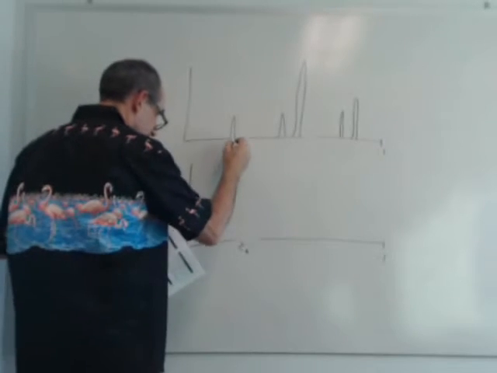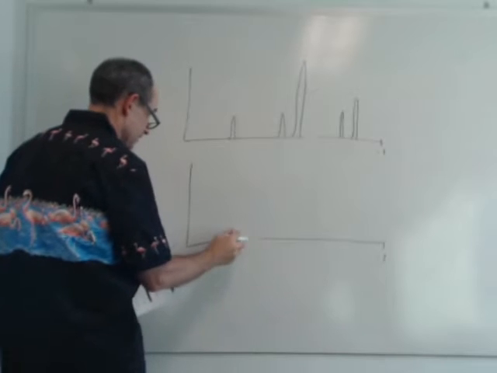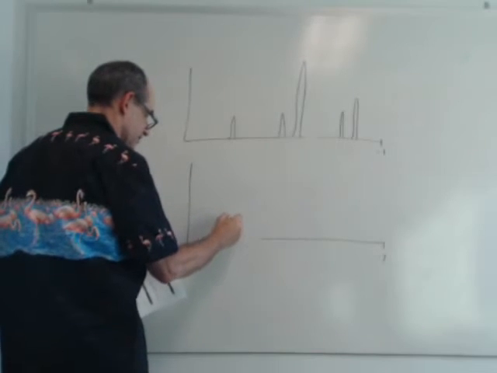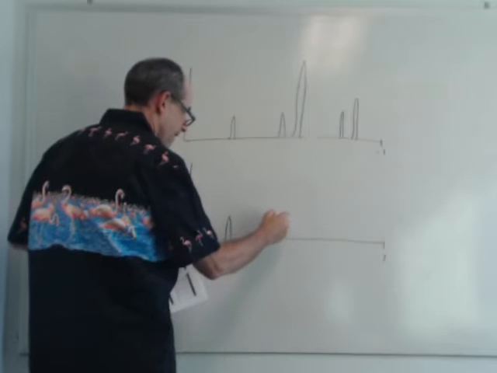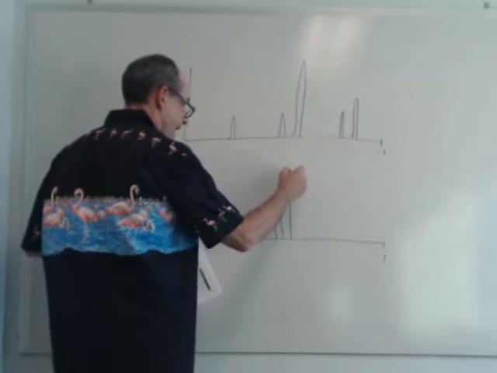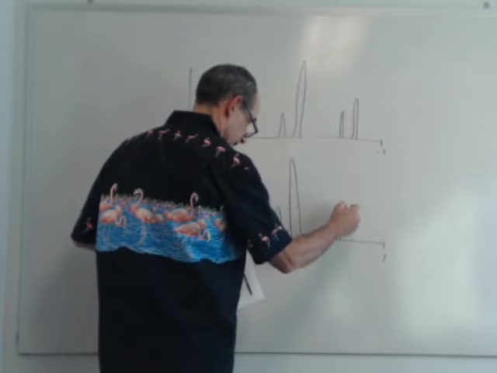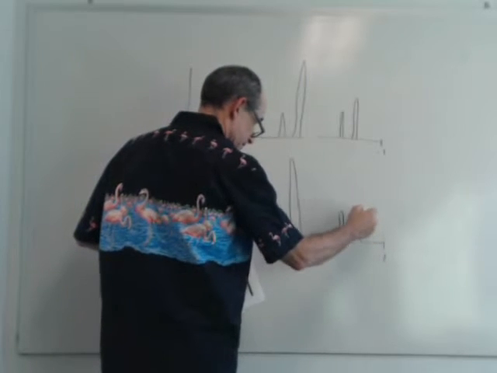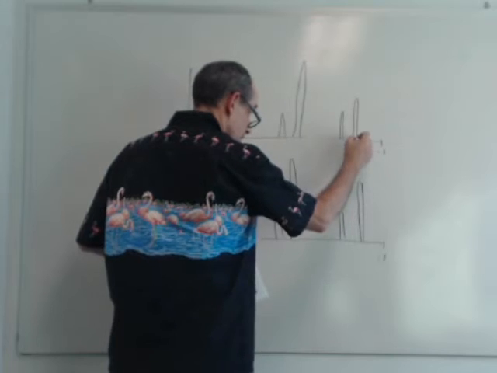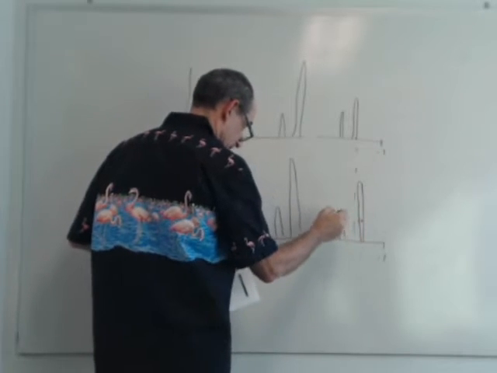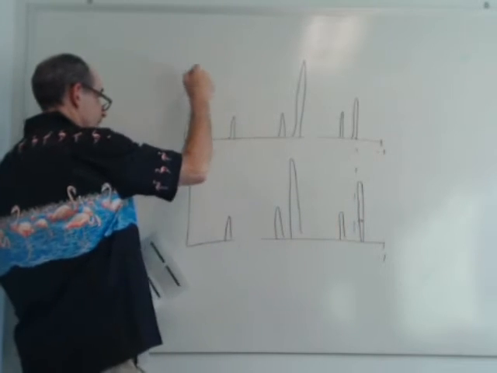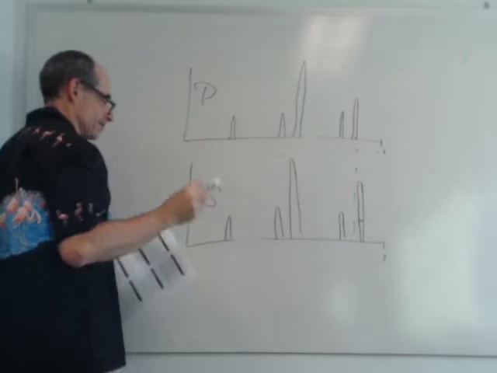And then for sulfur, we see very similar peaks that are slightly displaced to the left, except for this last peak, which is taller and shifted to the right. So this is phosphorus, and there's my sulfur atom.